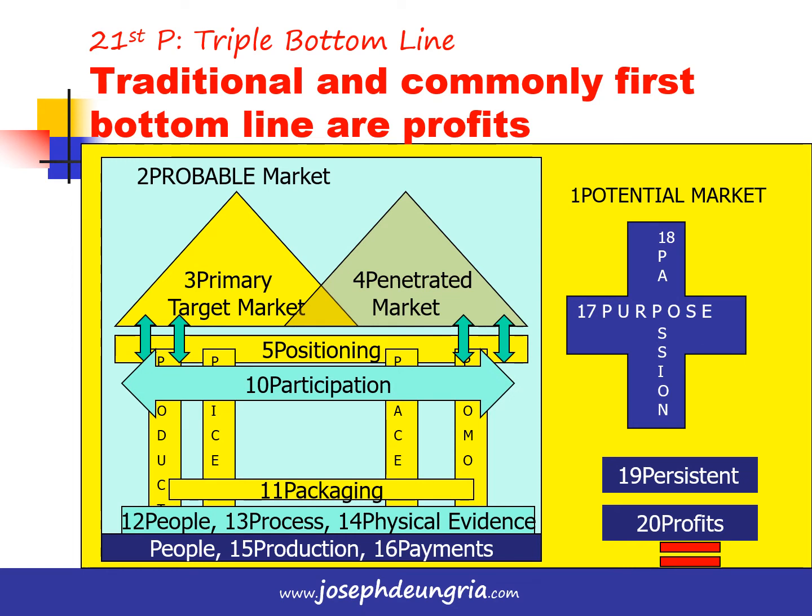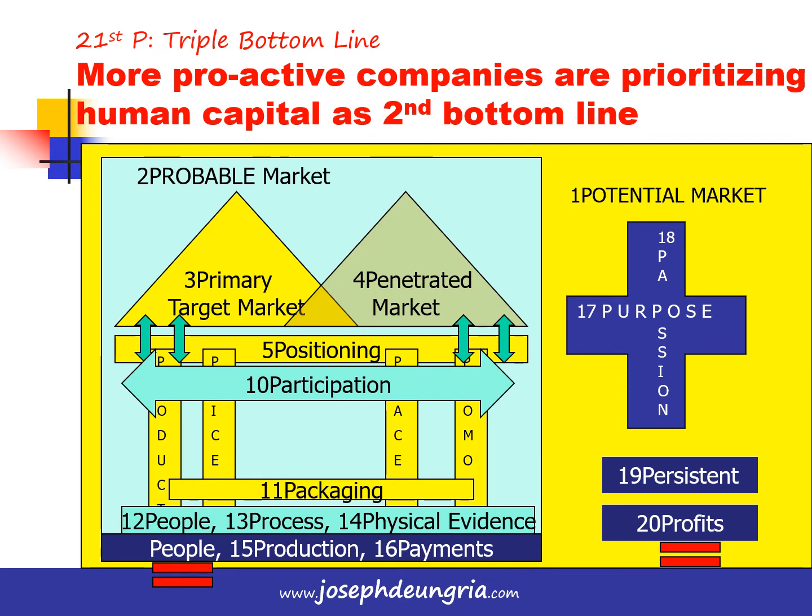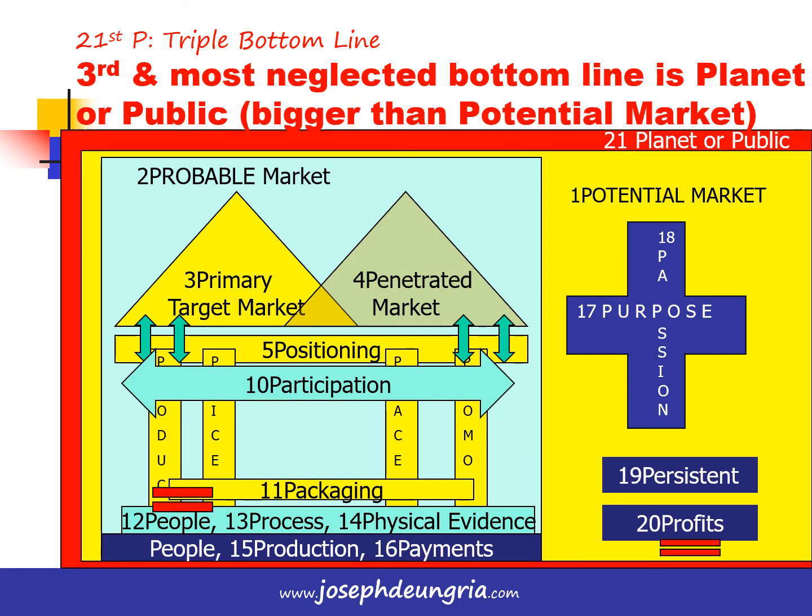Okay, so since we have people and profit already, we have to think of a symbol for planet. No? So yung planet, it's actually the biggest square, no? Bigger than your potential market. Diba?